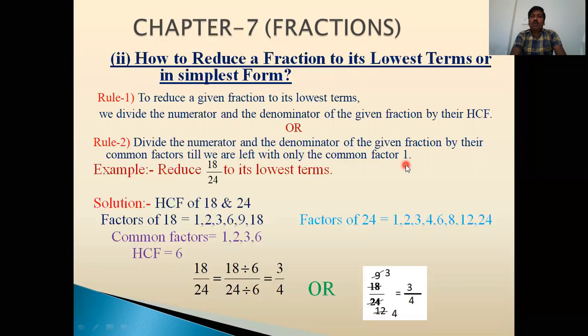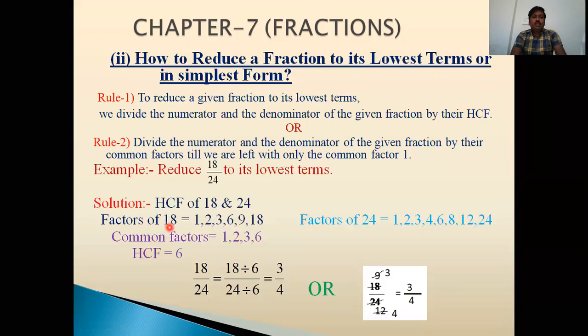Okay. Now how can we use these two methods to reduce any fraction to the lowest term? First, according to the first rule, find the HCF of 18 and 24. Here 18 and 24 are the numerator and the denominator. Here I have found the HCF by the factor method.